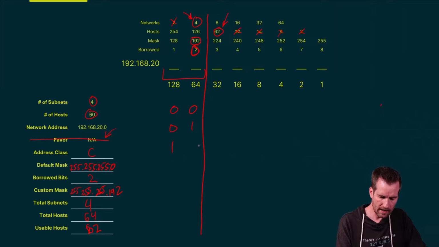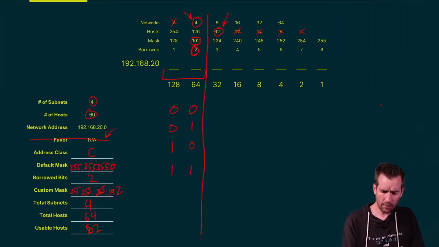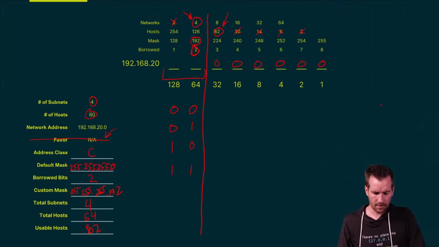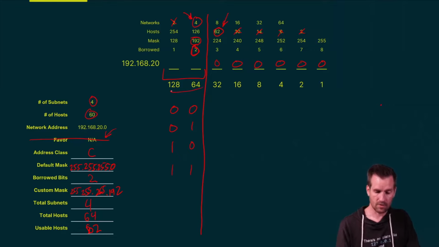We've got 1, 0, and we've got 1, 1. Now, for each of these, to figure out what the starting range of this is going to be, that is the network address. The network address would have all zeros here.